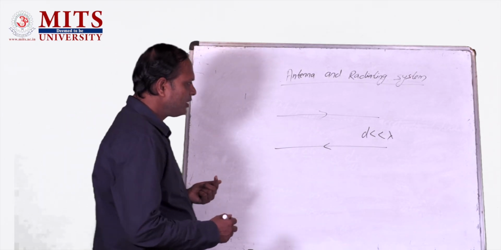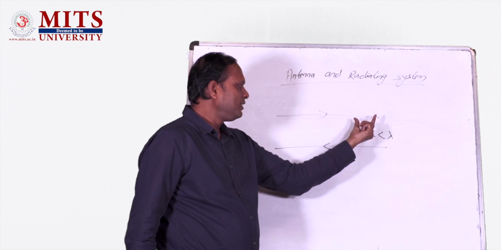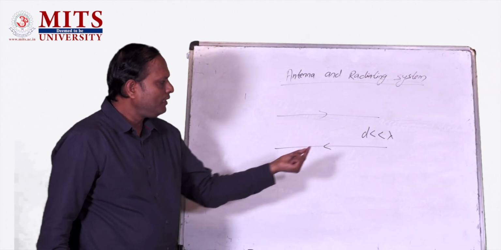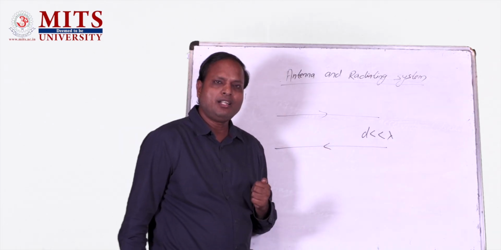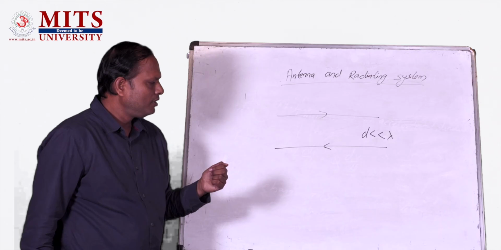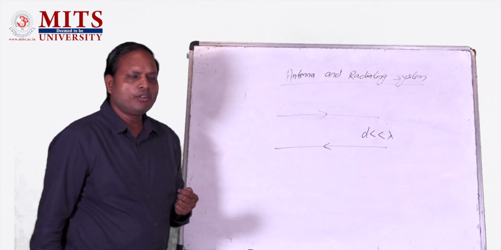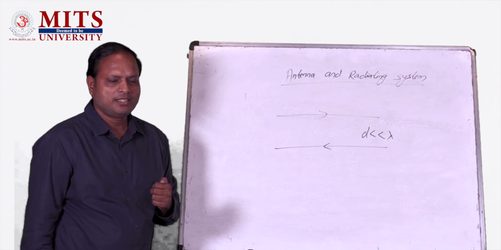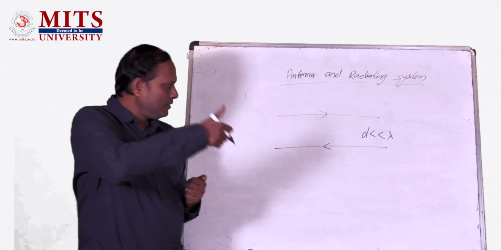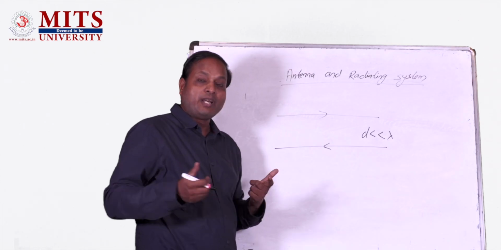Now, if we increase the distance between these two conductors, the length becomes comparable to lambda. So the same equal and opposite current cancellation will not happen in all directions. It is possible that when I am going in the direction perpendicular to the plane of the paper, I might not get radiation.